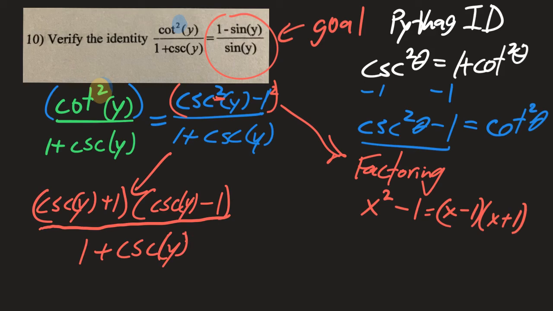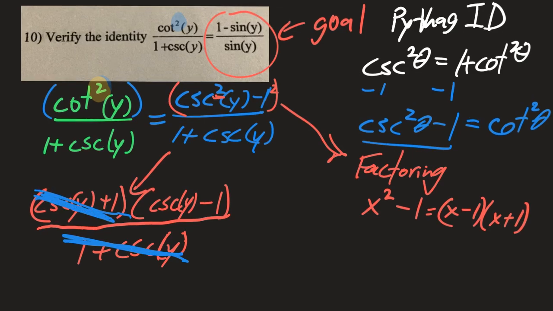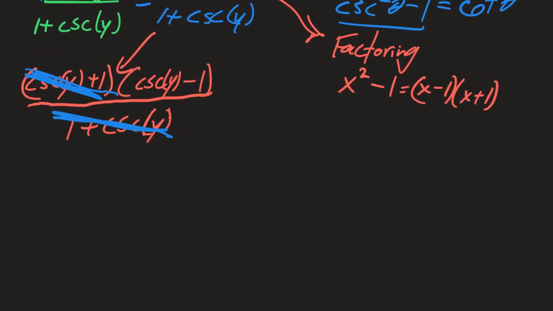And I'm going to see if there's anything that cancels out now. I'm seeing, hey, 1 plus cosecant and 1 plus cosecant down here. Let's go ahead and cancel those out. And now what am I left with? Let's slide this up and see what we've got left.